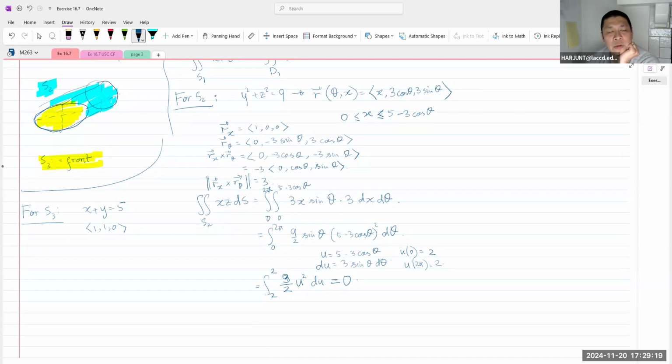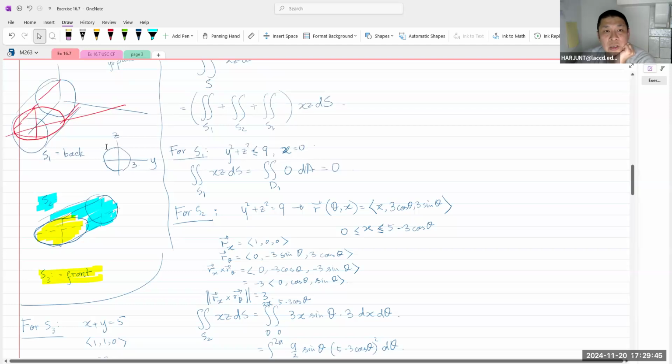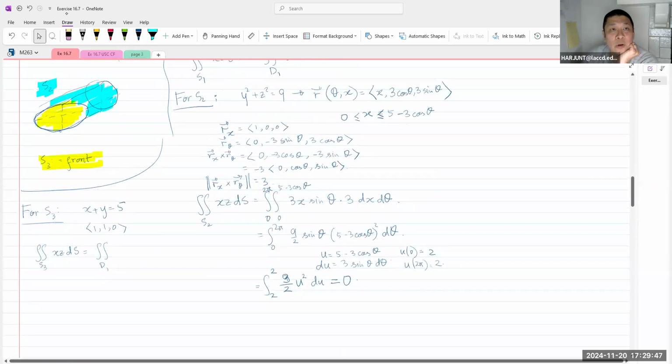And then the magnitude, therefore, is square root of 2. So the double integral over S3 of xz dS equals the double integral over that domain D1. You see the domain of the yellow one is actually the unit disk, the S1. Maybe I call it S1.